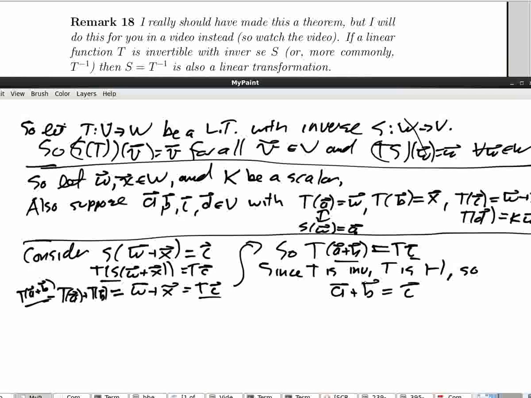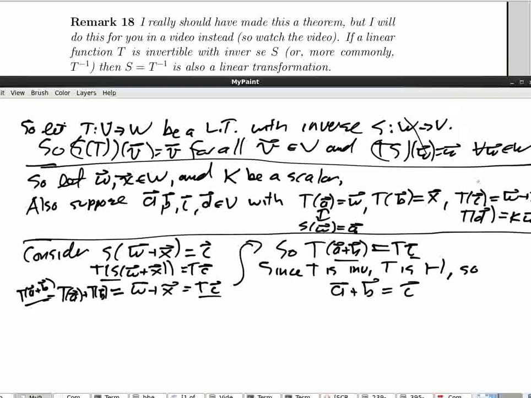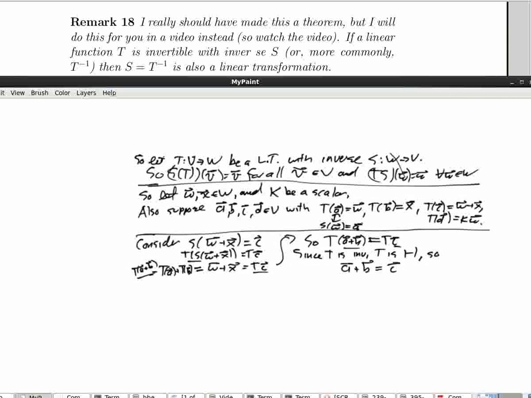But let's see. We're almost here now. So what I can do is think about this for a second. So T of C is equal to, how'd that happen? I'm just going to scroll this in a little bit. There you go. So what I can do is take T of both sides once again.